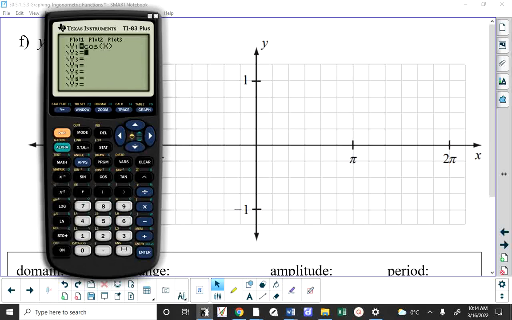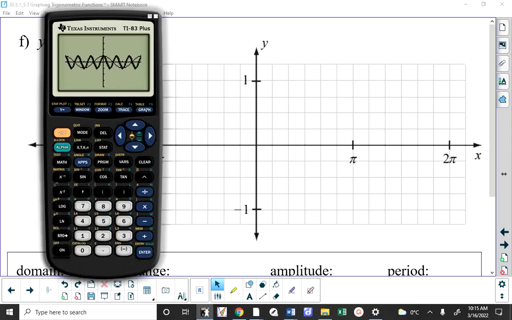So if I graph cos of 3x, it happens 3 times as often.